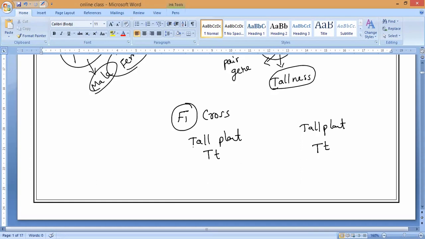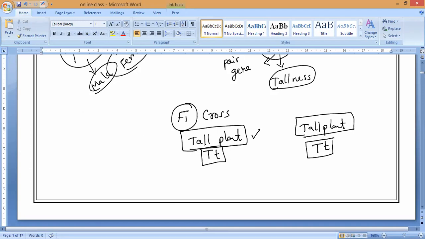Now, in the F1 cross, this is one parent and this is the other parent. Each contains a set of chromosomes. Now, what gametes will form from here? Anybody can say.